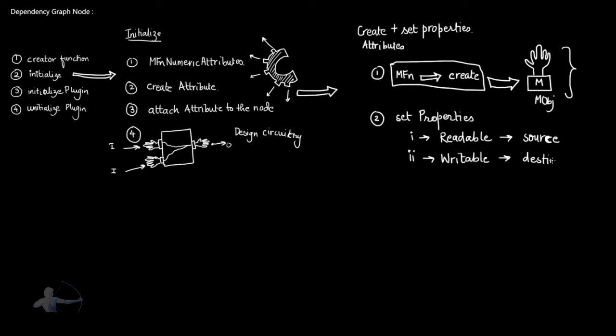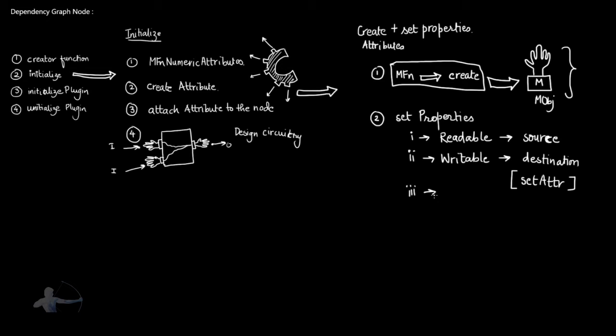Only those attributes can be set using the set command that are writable. So we want to make writable only inputs. Whatever the input attribute is, we want to make that writable. We don't want to make output attributes writable. So output attributes would just be readable.